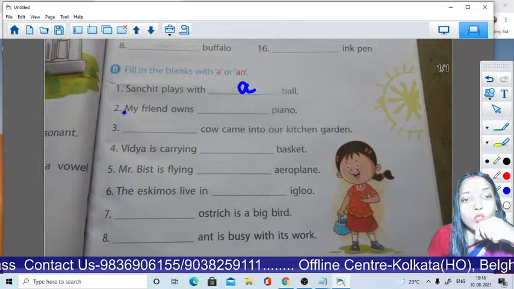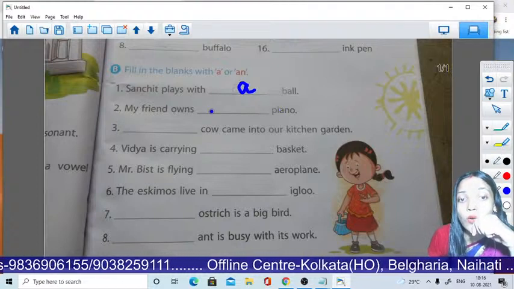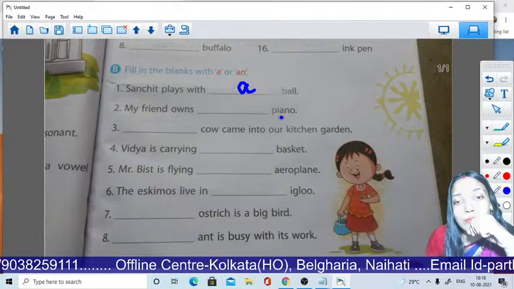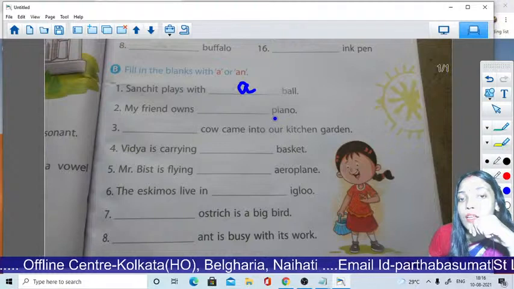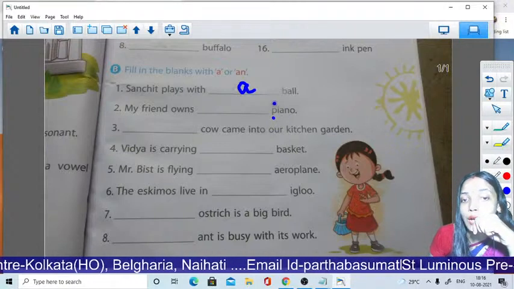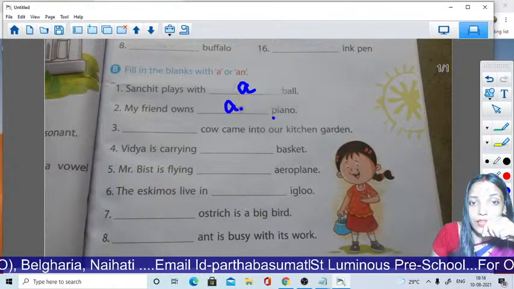Now number 2. My friend owns blank piano. What can I write before piano? A or an? Look here. The beginning letter is P. It's not vowel. It's consonant. So write here a.